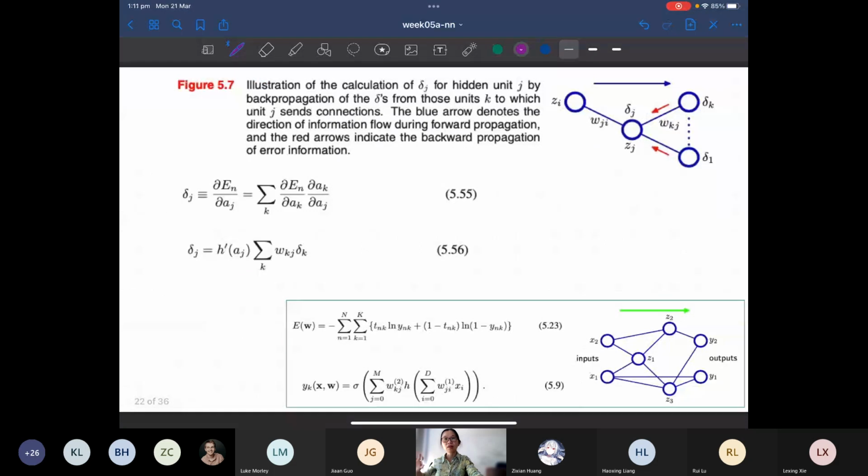Okay, now let's take this recursion forward. So what is this delta J anyway? This neuron Z of J contributes to the subsequent calculation of, let's say, the output layer. On the output, we can also think of an A of K, Z of K, and delta of K, the gradient sitting here.